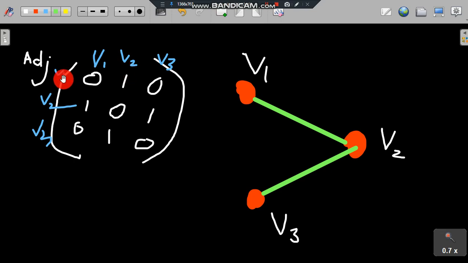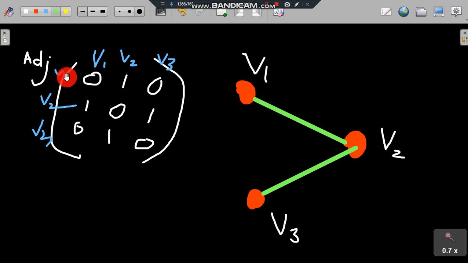So if V1 is adjacent to V1, we have to put 1 here, but 0 is given here, which shows that V1 is not adjacent to V1. So we are not drawing any edge from V1 to V1 because it is not adjacent. That is why 0 is given to us.